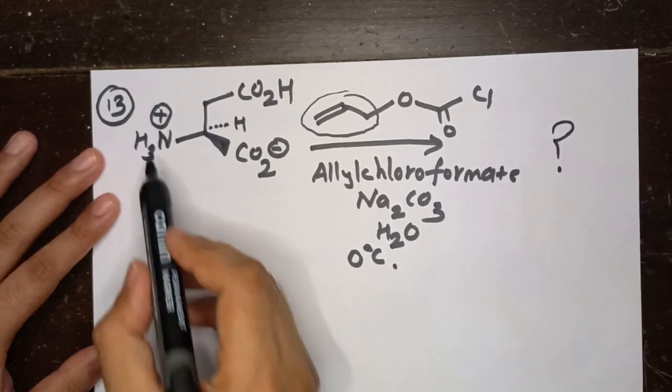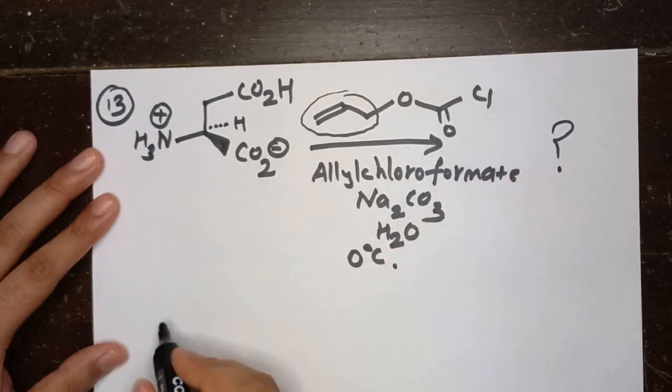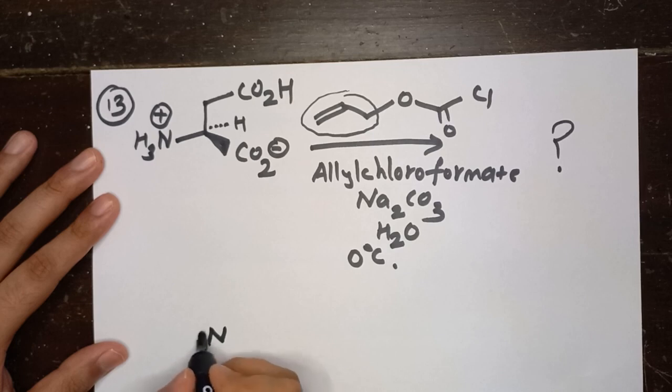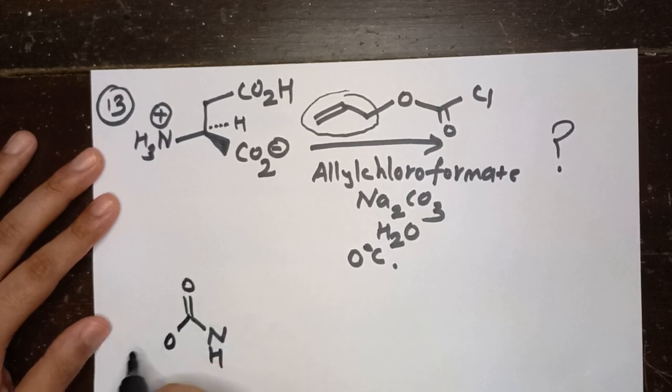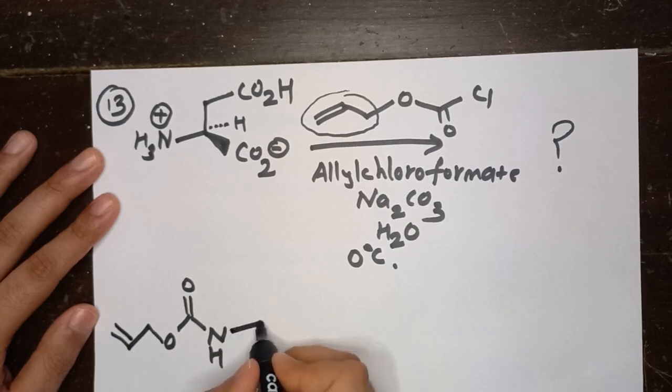So once again, a protection of amine. So this nitrogen will attack at this carbonyl, Cl is going to leave, and you will generate this NH, C double bond O, O, this group, and rest will be the same.